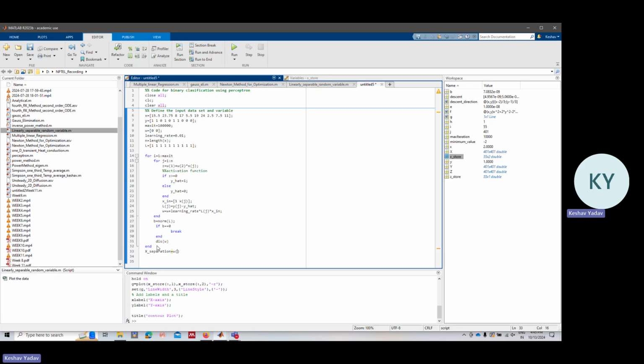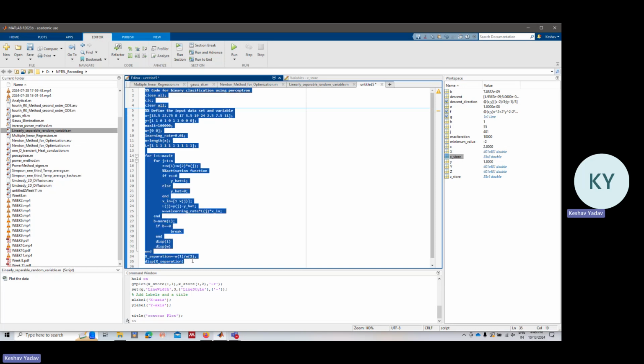So it will be x equal to minus W0 divided by W1. This is what I have.